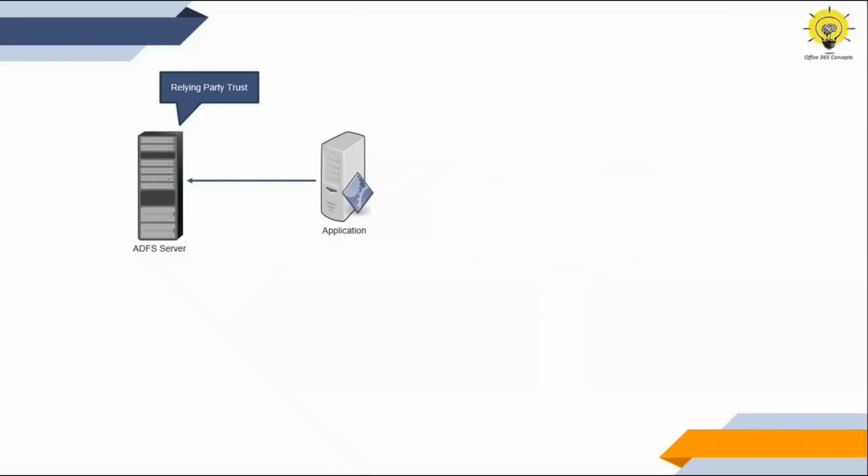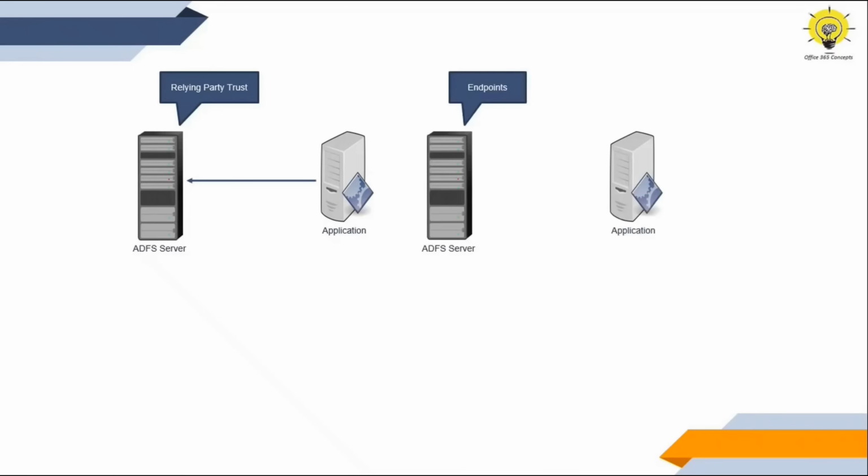Because without a relying party trust, ADFS server will not entertain the request that is coming from an application. We have also discussed endpoints. In ADFS server, there are a few endpoints that are responsible for receiving certain requests from the applications.